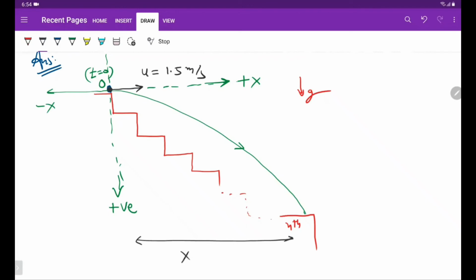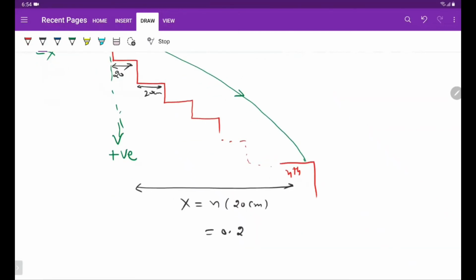This is called the range. Each step is 20 centimeters wide, given already. So up to the nth step we can write n times 20 centimeters, so x is 0.2n in the SI system.